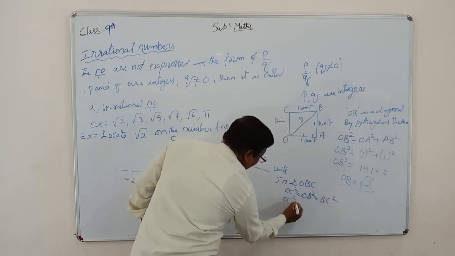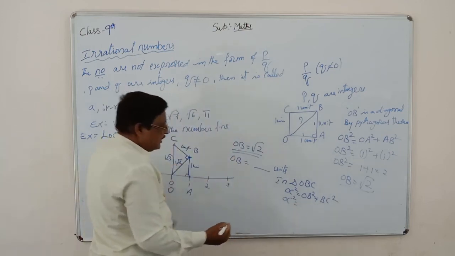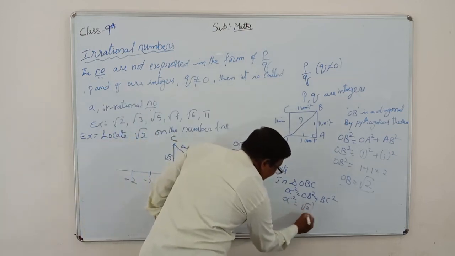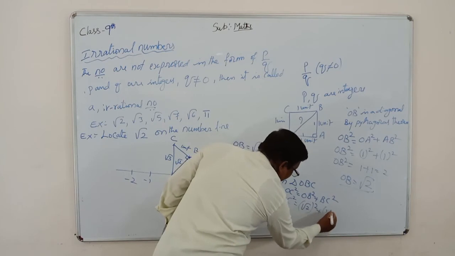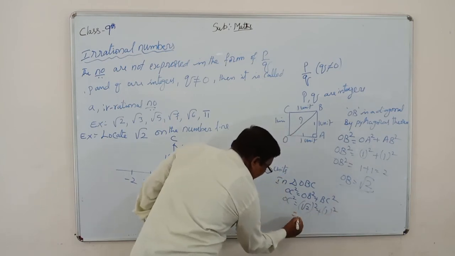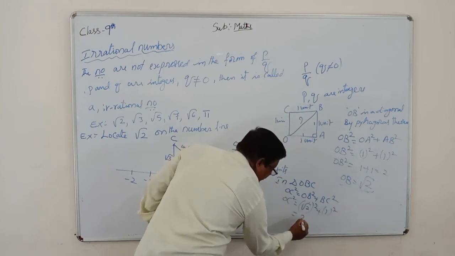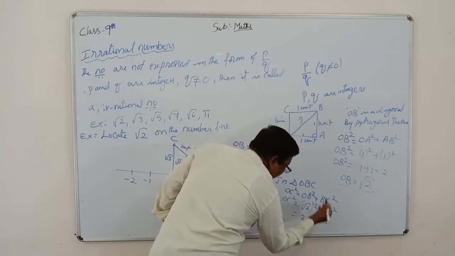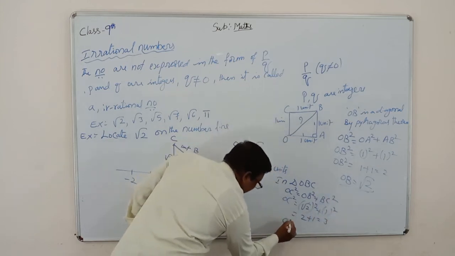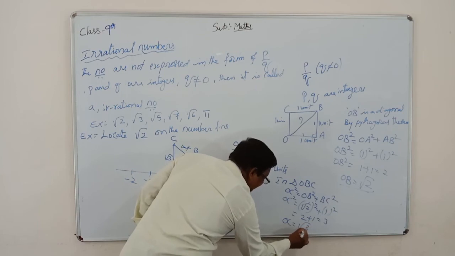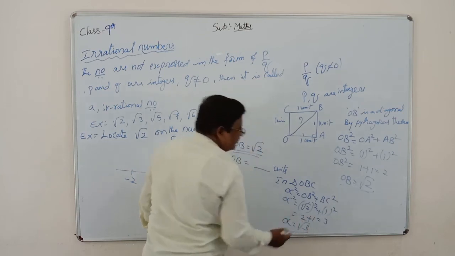OC square is equal to the square root of 2 squared plus 1 square. The square and square root cancel, 2 plus 1 is equal to 3. OC is equal to square root of 3. Yes, the square removes the root, so the square root comes.